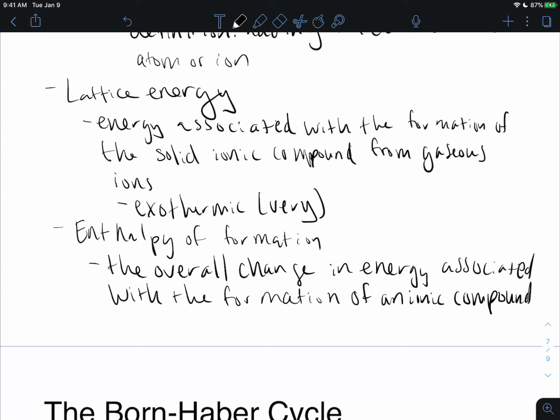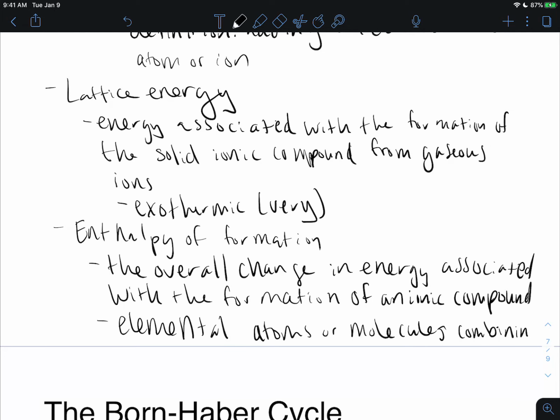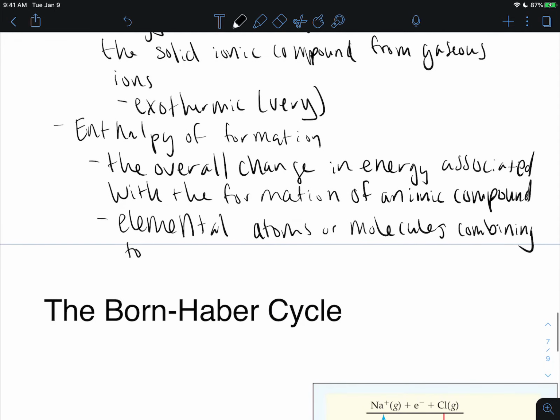If we take all of the different ones we've just talked about and combine them together, this gives us our enthalpy of formation, where we have our elemental atoms or molecules combining to form a compound.